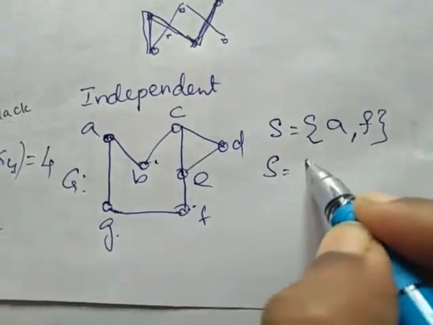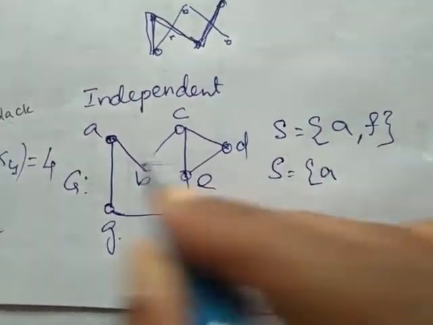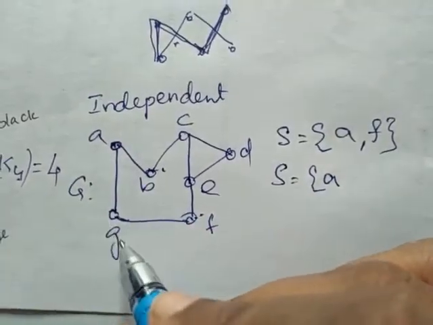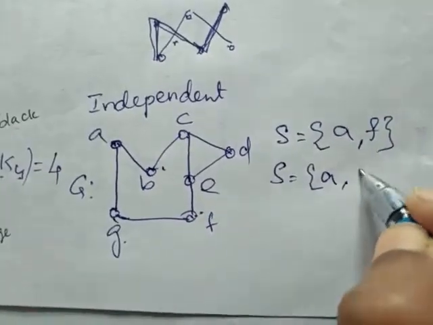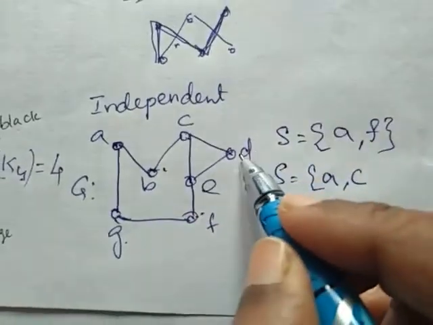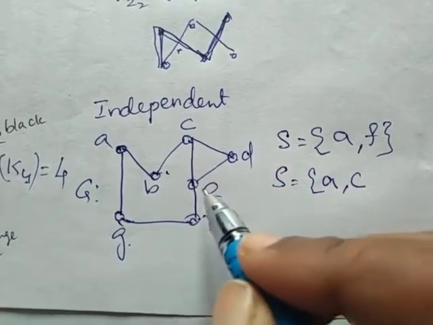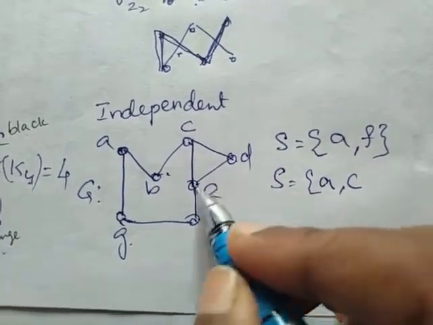I'll consider some other example. If I take S, A, B is adjacent, G is adjacent, so I'll take C. C is adjacent to D, C is adjacent to E also, so I'll not take these 2.